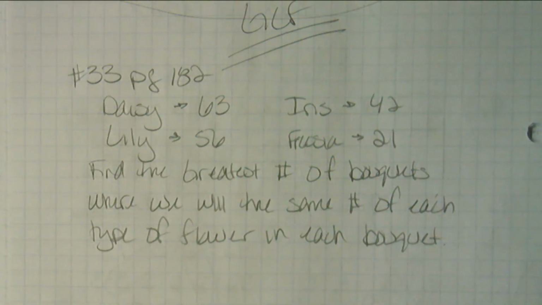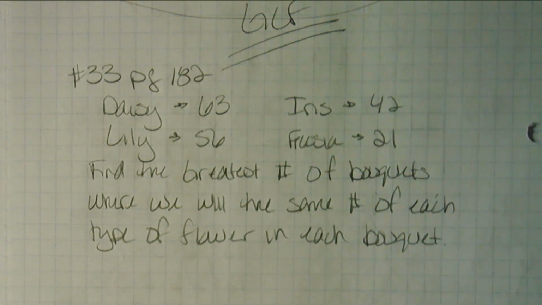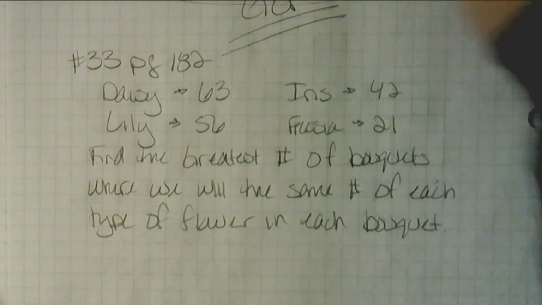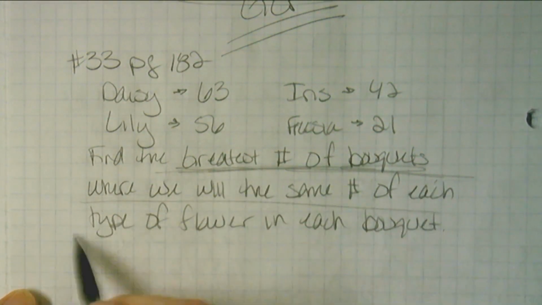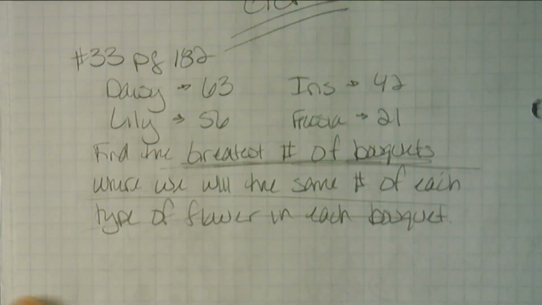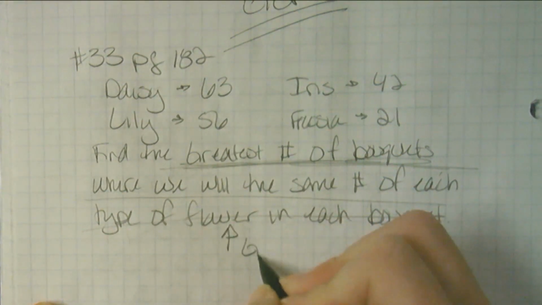So I have the same number of daisies in each one. I have the same number of lilies. It doesn't mean I have the same number of daisies and lilies. It means we're dividing up those 63 daisies into groups, and each group is going to have the same number of daisies. Each group is going to have the same number of lilies. All right, so because we are looking for the greatest number of bouquets, where we have the same number of each, this is GCF.